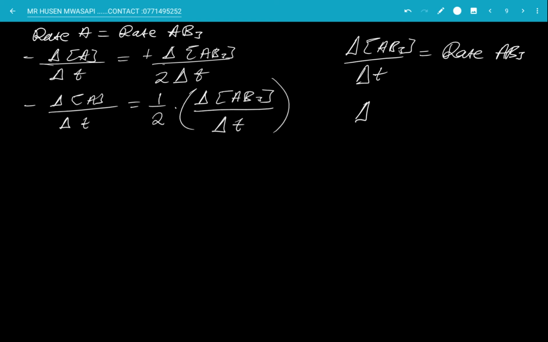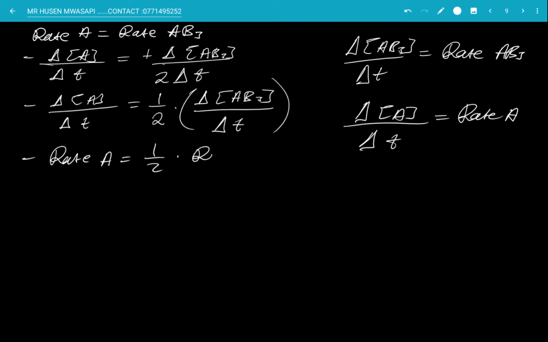Then change in concentration of A over change in time is equal to rate A. So minus rate A being equal to 1 over 2 times rate AB3. So now what is rate A? Rate A has been found to be minus 0. What did we find? Remember, we found something, isn't it?